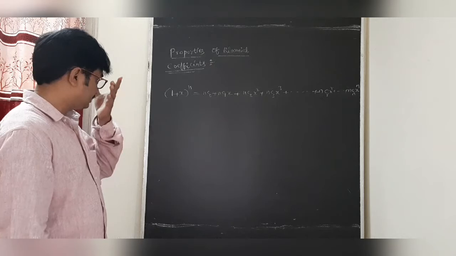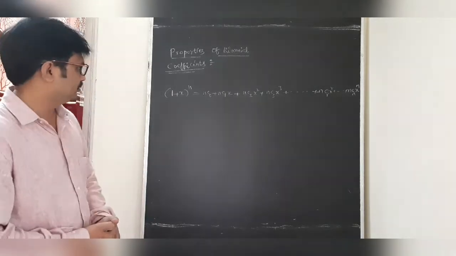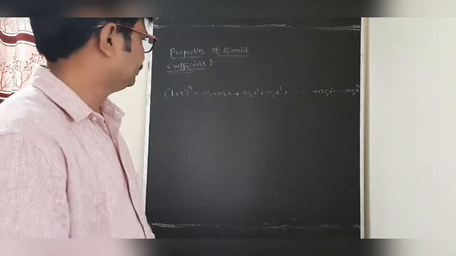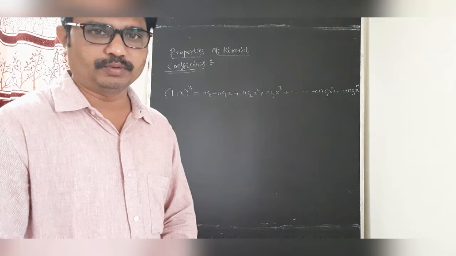Is it clear, students? (1 + x)^n equals nC0, nC1 x, nC2 x squared, nC3 x cubed, nCr x^r, nCn x^n.